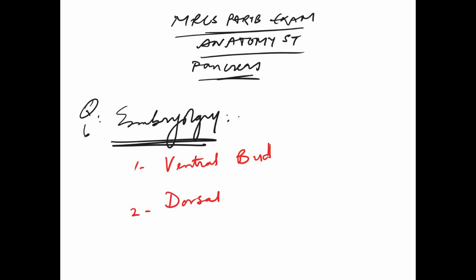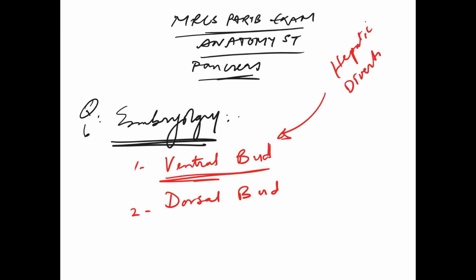If you answer like this, this is good information, that is the right information, but it is not the full answer. So you want to mention that the ventral bud actually originates from what's called the hepatic diverticulum.